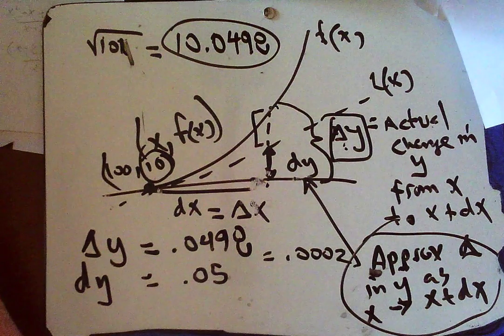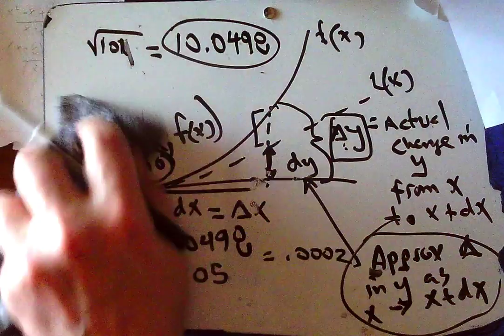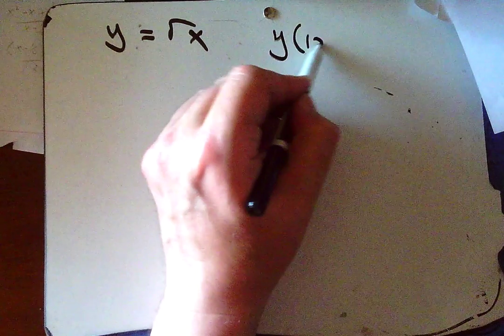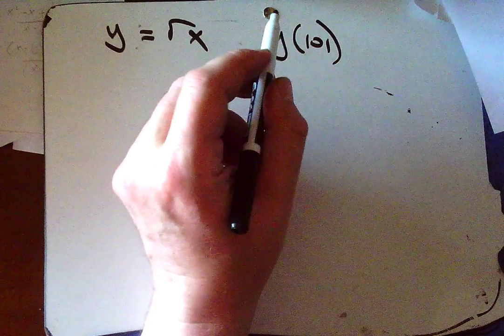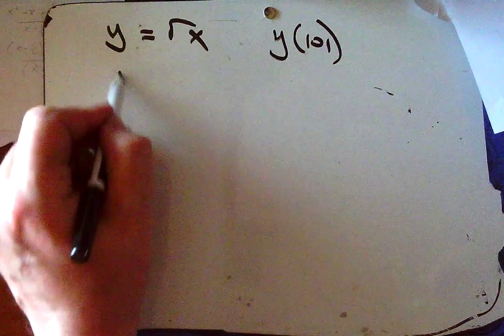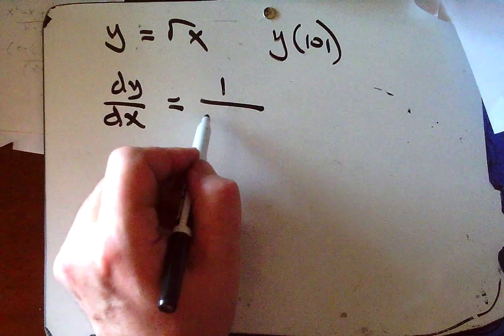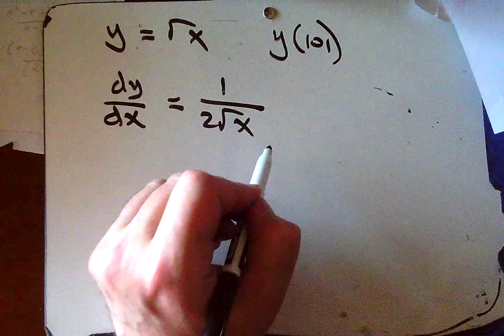So let's think about that problem that we started class with, y equals square root of x, and we're looking for y of 101. And what I know now is that dy/dx equals 1 over 2 root x. How do I know that?